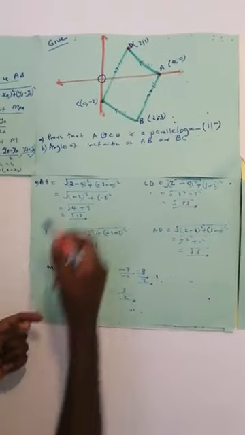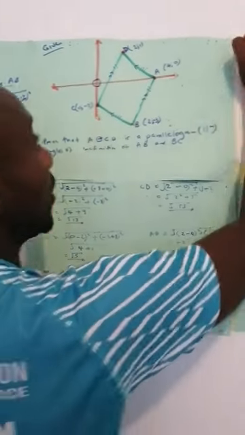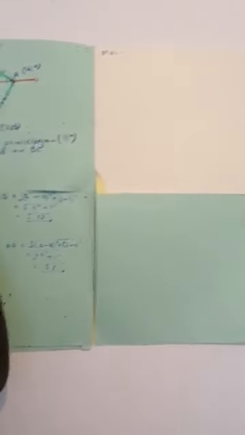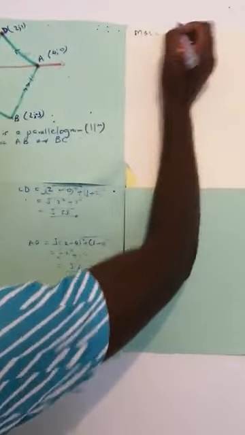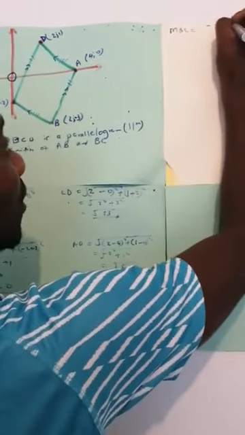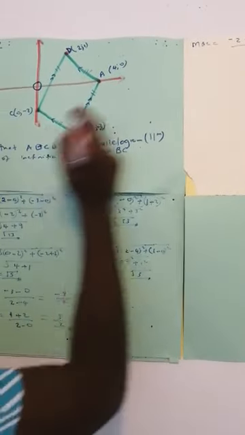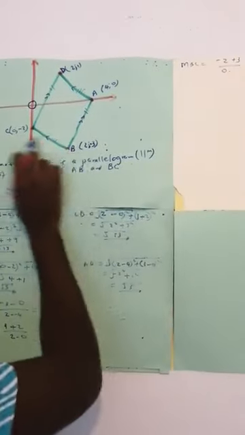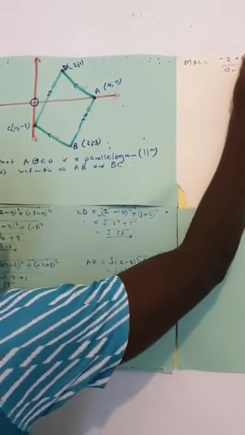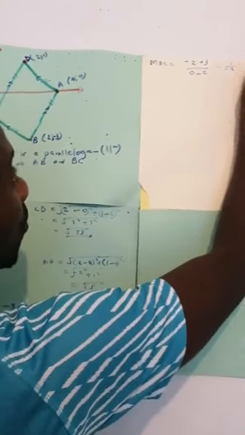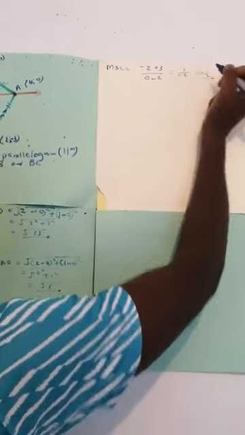The gradient of BC. MBC, we'll say -2 plus 3 divided by 0 minus 2. And the answer is 1 over -2, which is -1 over 2. That's the gradient for this one.